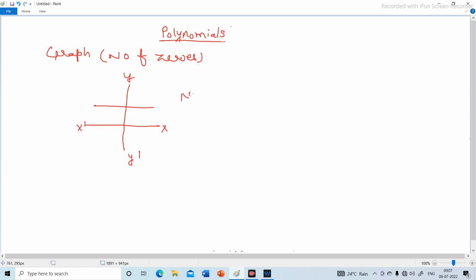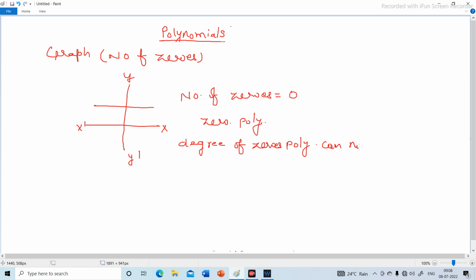The number of zeros equal to 0. It is a zero polynomial. And the degree of zero polynomial cannot be defined.